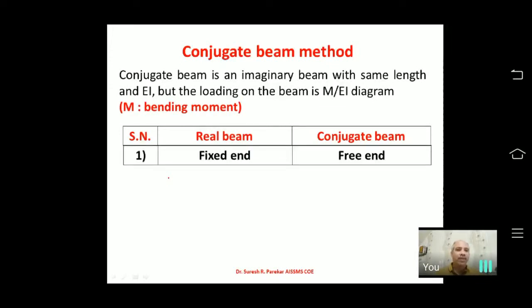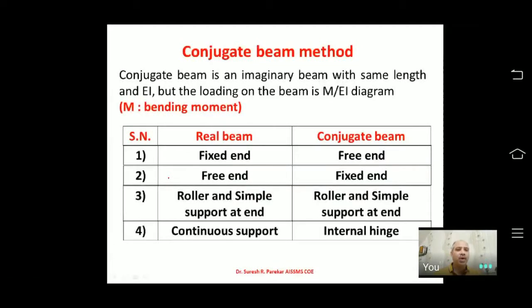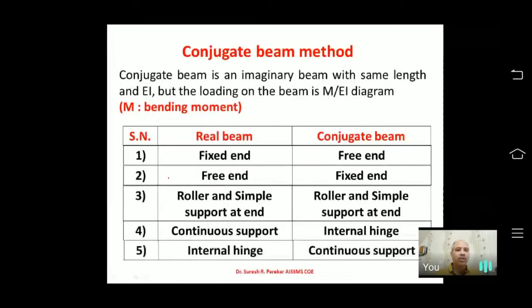Now here again we have the same serial number. Real beam fixed end, conjugate free end; real free end, conjugate fixed; roller and simple in real, roller and simple in conjugate; continuous support in real, internal hinge in conjugate; and internal hinge in real, considered as continuous support in conjugate.